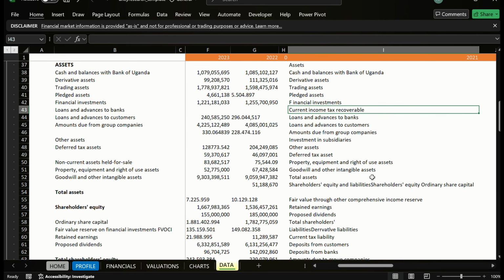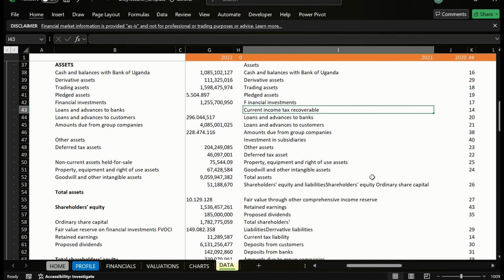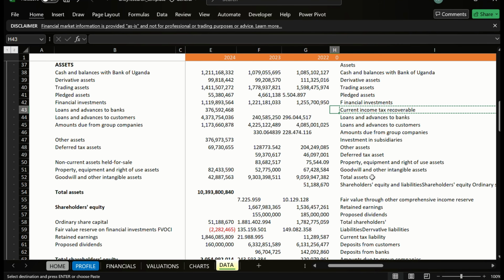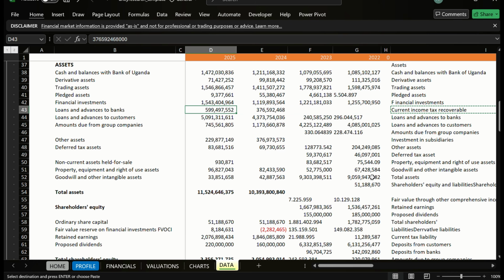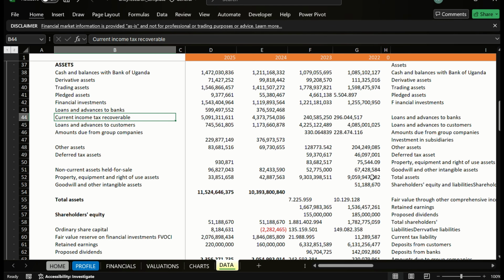So there is this foreign tax recoverable. Let's see how they are. Shift cells down.